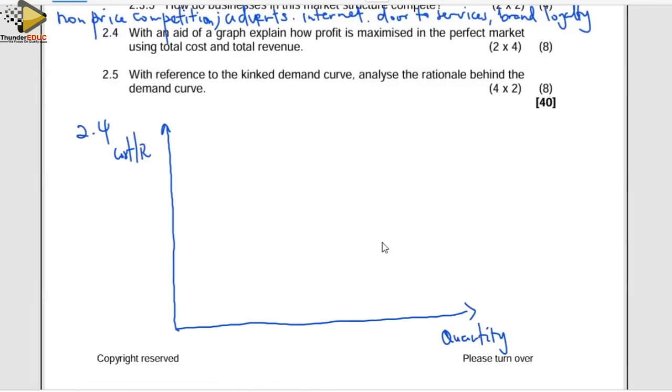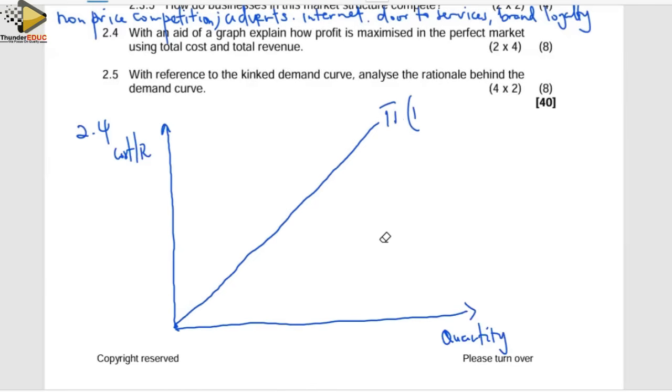Our total revenue will start from the origin, which means it's positively sloped starting from the origin.